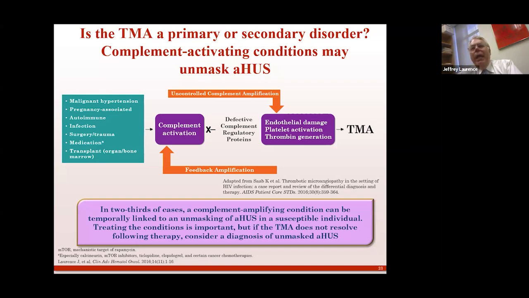But if you continue to have an unstable or low platelet count, or a platelet count that's not within the baseline prior to this condition, if you continue to have some sort of ongoing tissue damage that you can't explain, then consider the fact that you may be dealing with those conditions setting off TMA in a susceptible patient. And this is where you may need other diagnostic help.